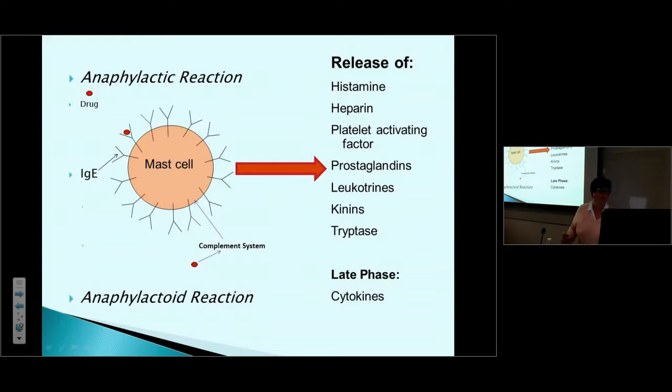Anaphylactic reaction. So we have our mast cells, and the drug is introduced either orally or, in most cases, injected into our body. On the surface of our mast cells, we have the immunoglobulin E antibodies.